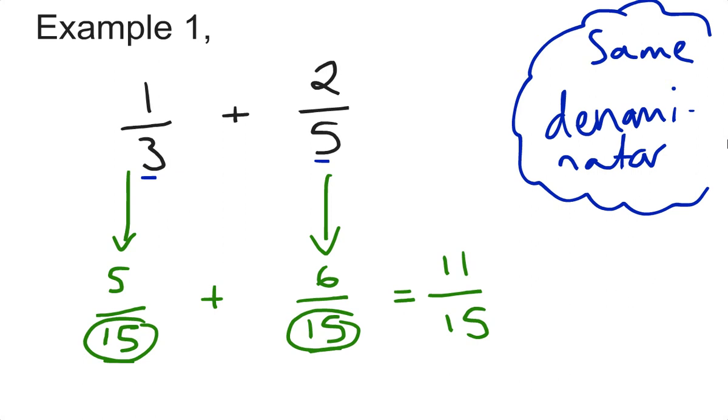And let's have a look at example 2, where we haven't got the same number on the bottom. In fact, this time I'm going to make it a little bit more tricky. I'm going to have 2/7, and we're going to add it to 2/9.